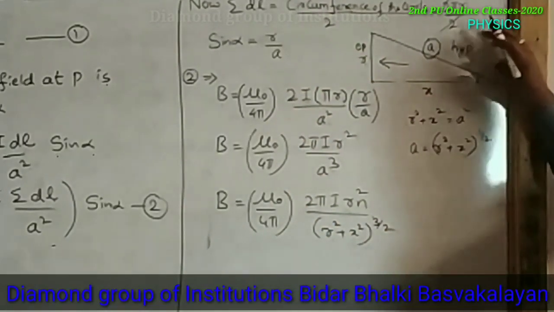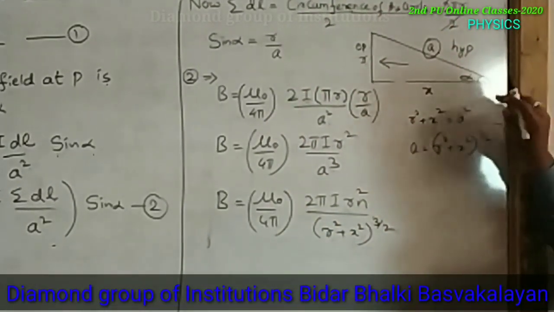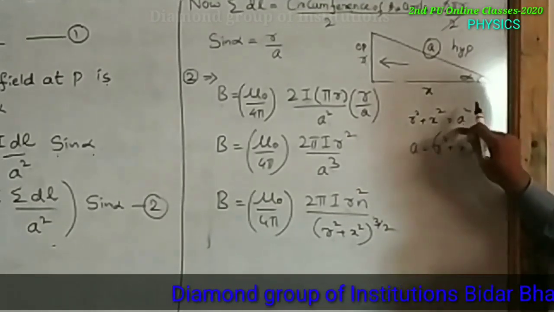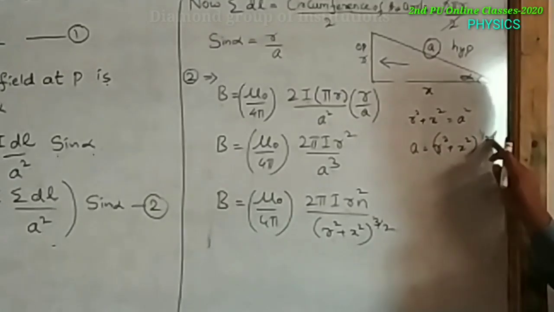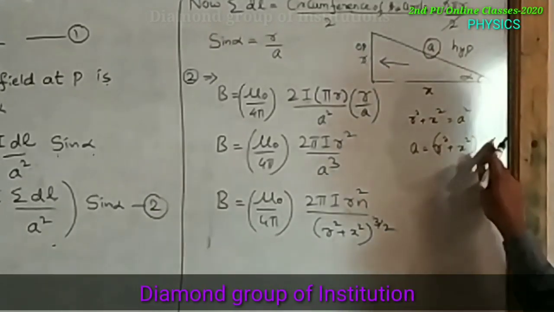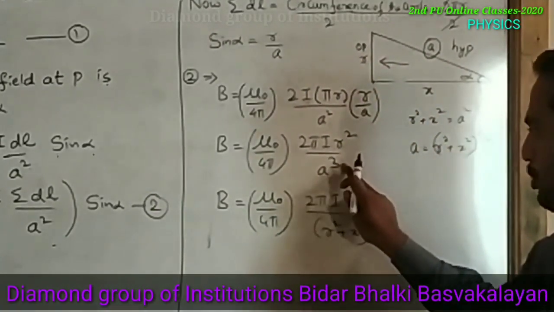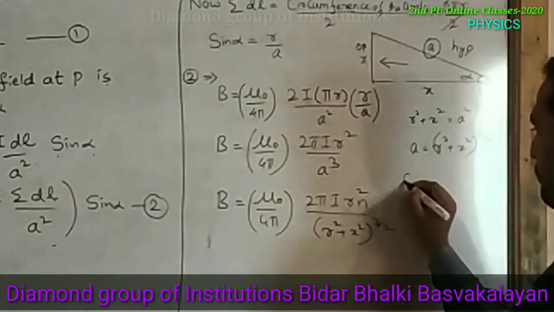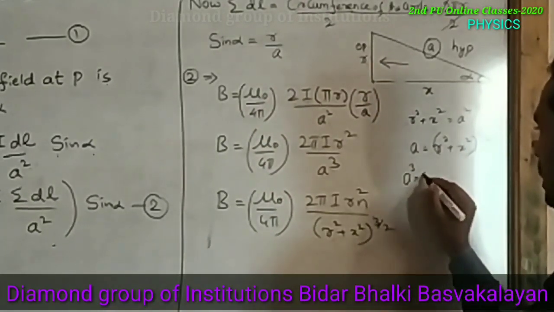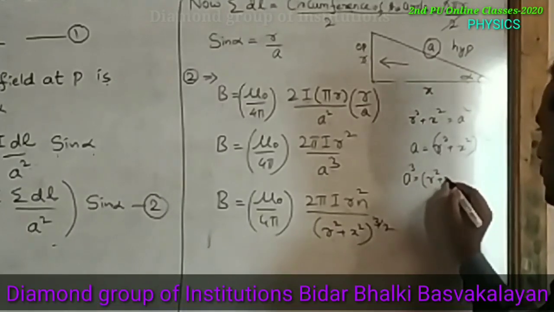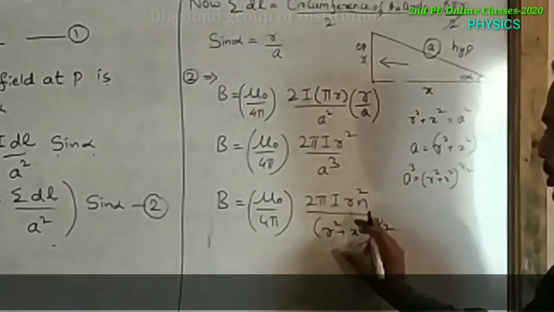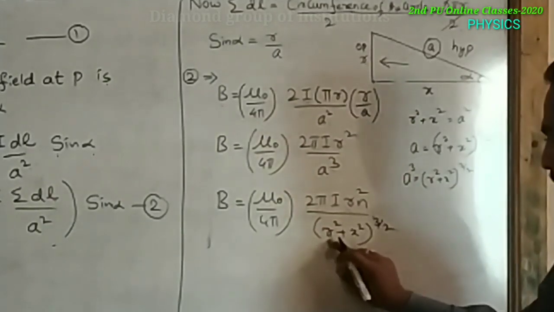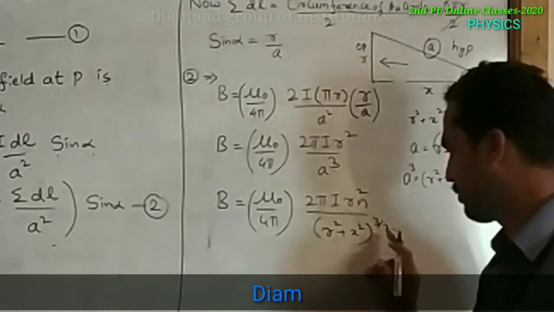Applying the Pythagoras formula to the triangle, r square plus x square equals a square, so a becomes r square plus x square whole power 1 by 2. 1 by 2 indicates root. So a cube becomes r square plus x square whole power 3 by 2, and we substituted this value in place of a cube.